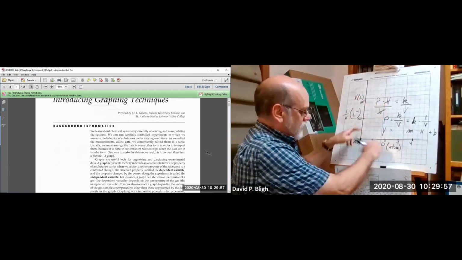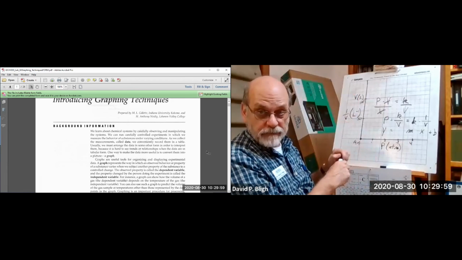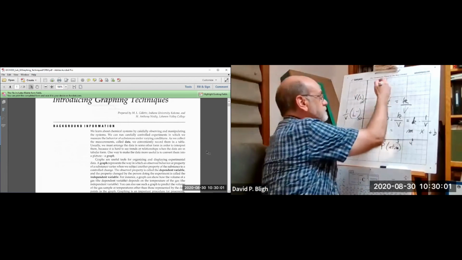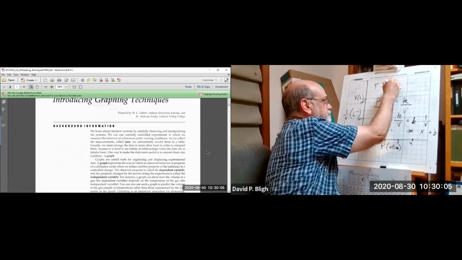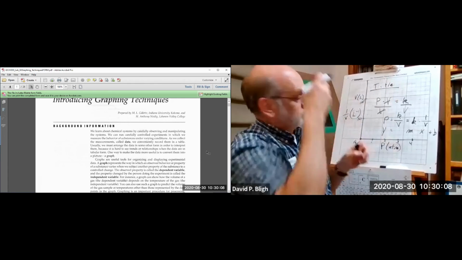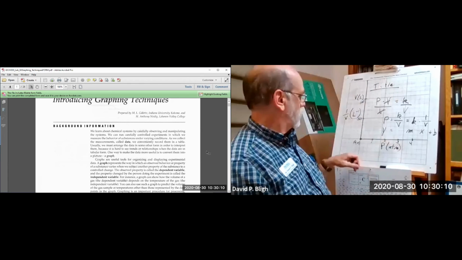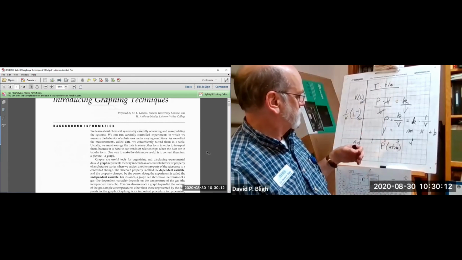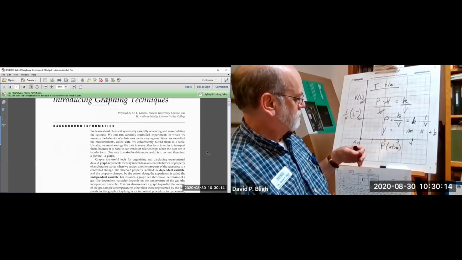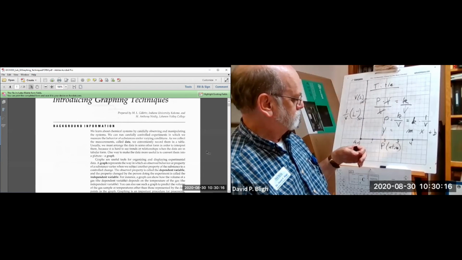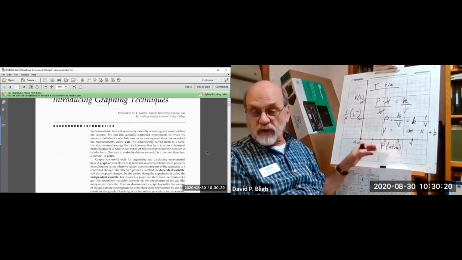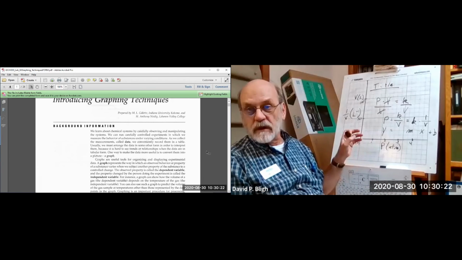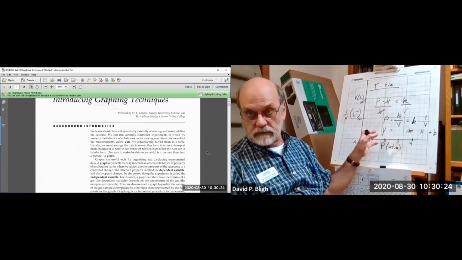So you need these proper labels, the way we set it up. You also need a title. Right? So for this one, it would be the effect of changes in pressure on volume of methane.